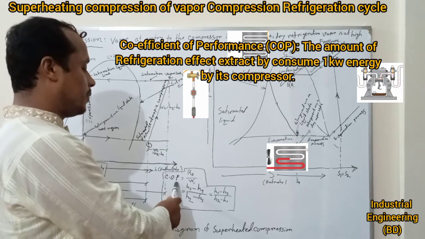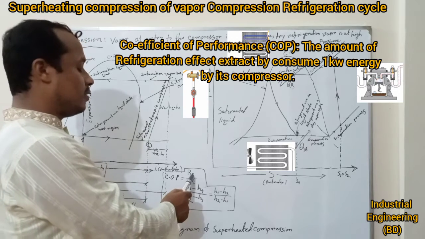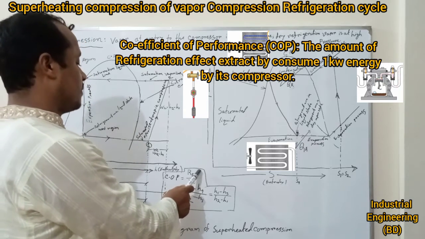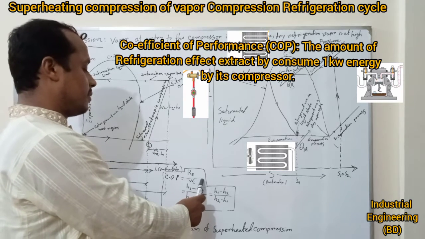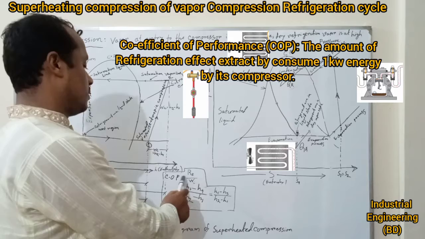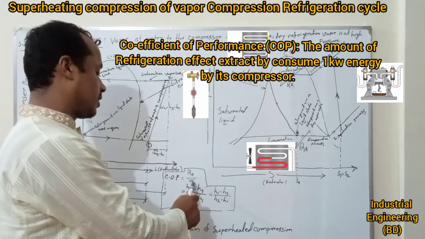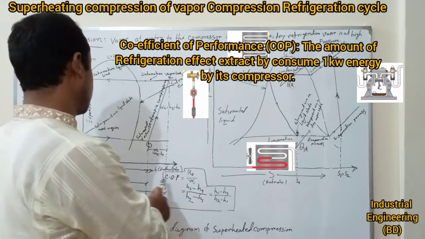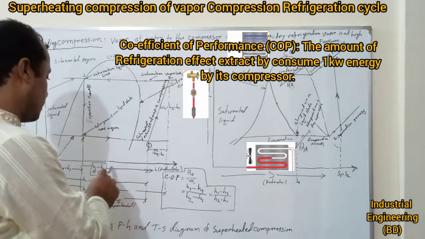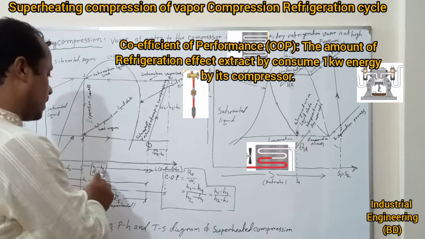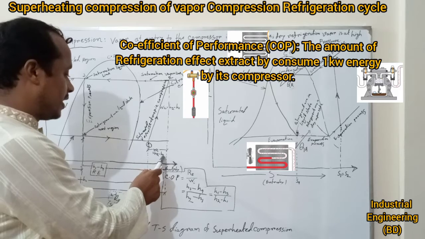From the formula of coefficient of performance, we know that the coefficient of performance equals the refrigeration effect from the evaporation process divided by the work done by the compressor. From the pH diagram, the refrigeration effect is H1 minus H4, and the work done by the compressor is H2 minus H1.